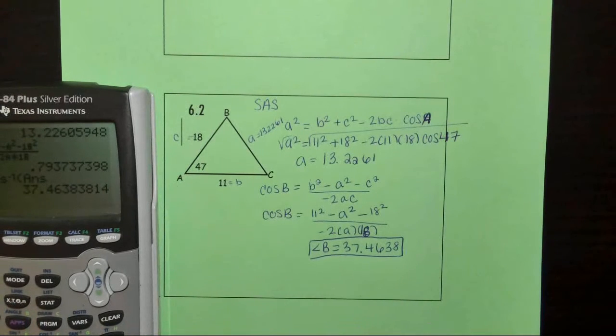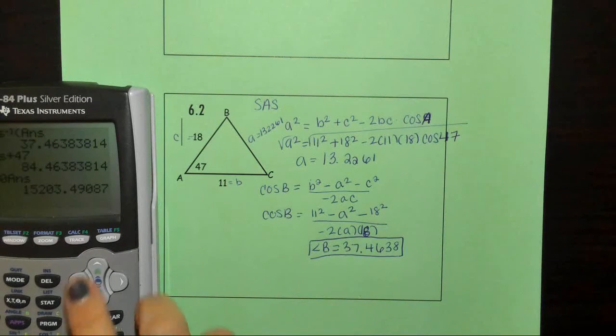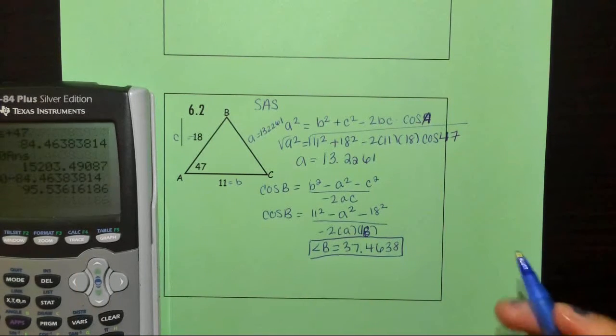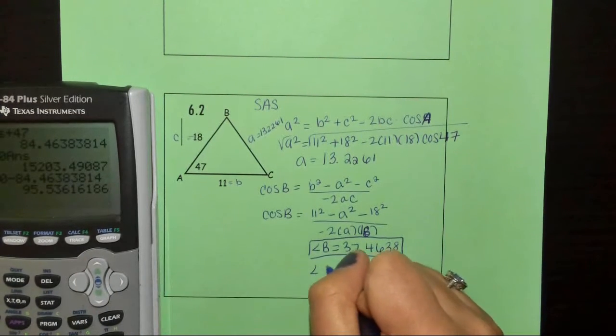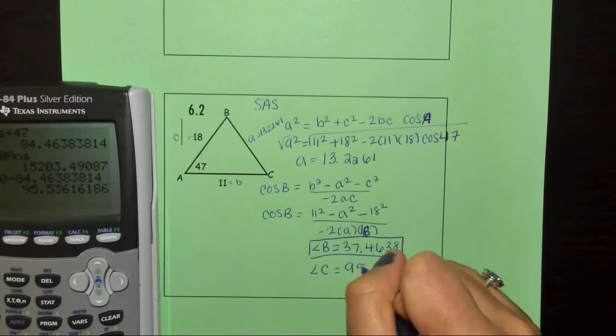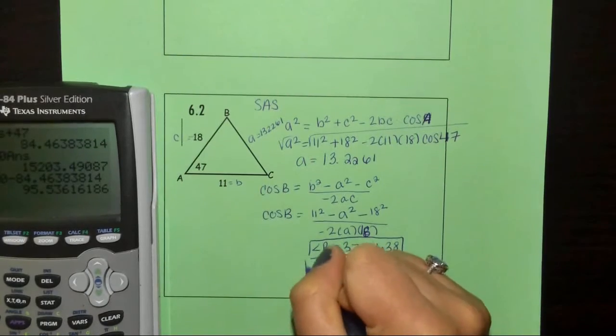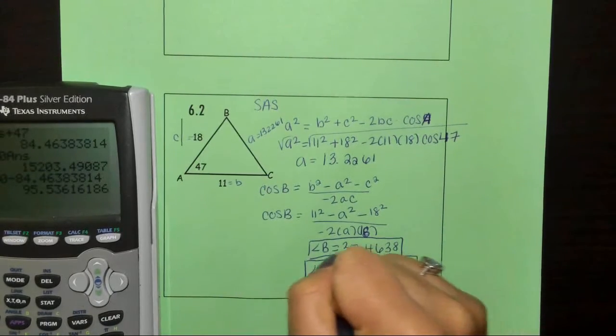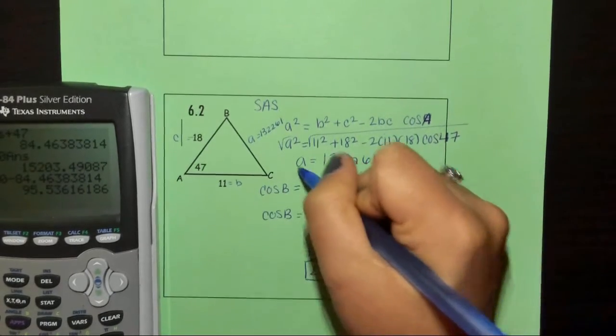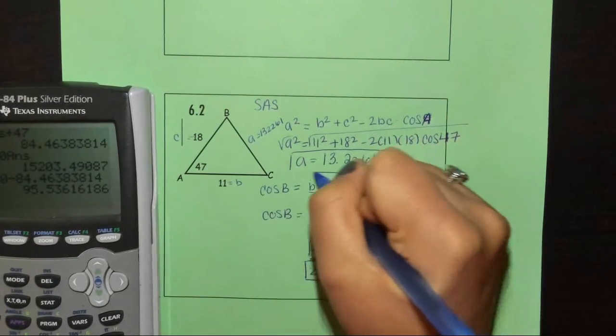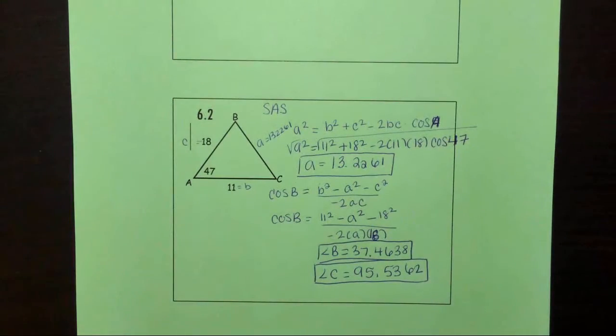I can add 47 to that, and then take 180 and subtract it, and we find that angle C is 95.5362 degrees. So we have found all pieces of the missing information for that example.